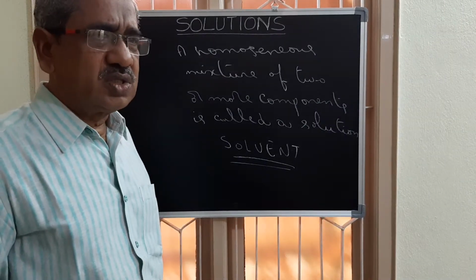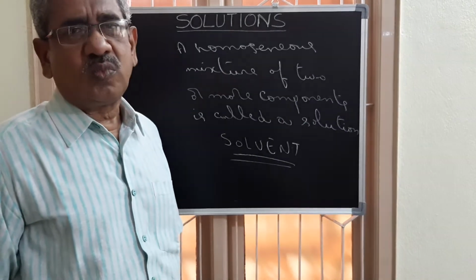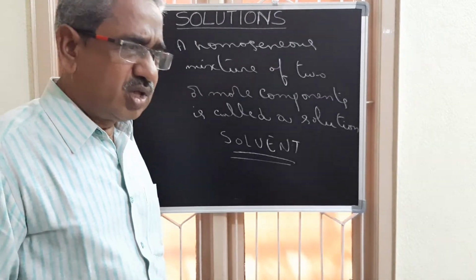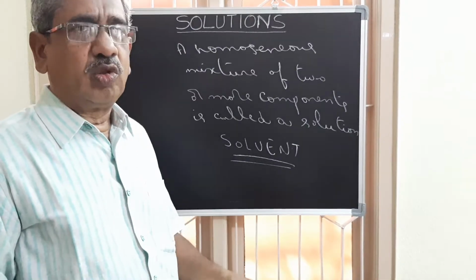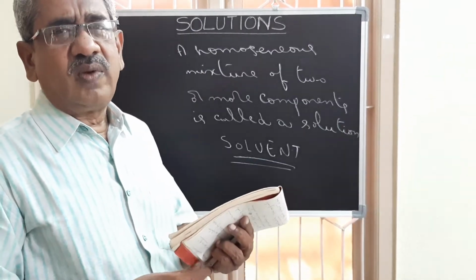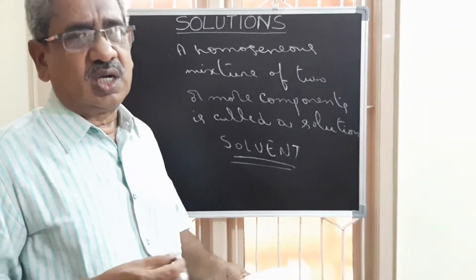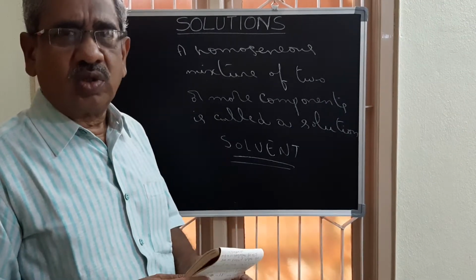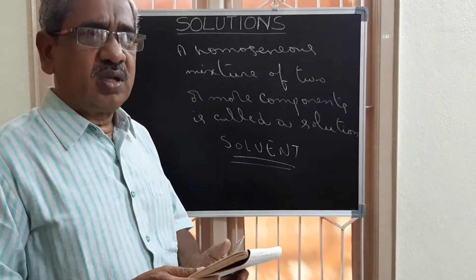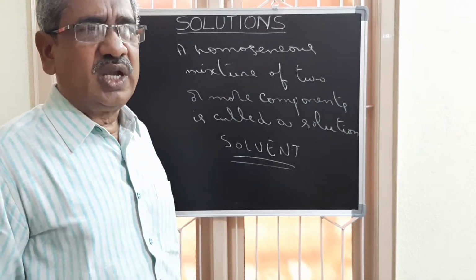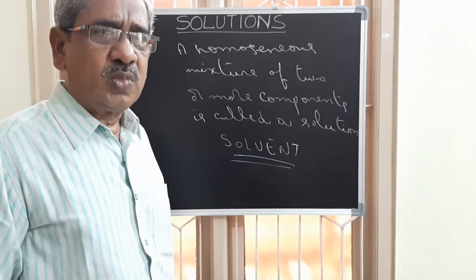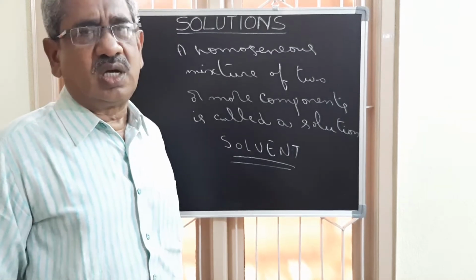The solutions having water as solvent are called aqueous solutions, and the solutions having alcohol as solvent are called alcoholic solutions. In some solutions, the solvent may be different from either water or alcohol.